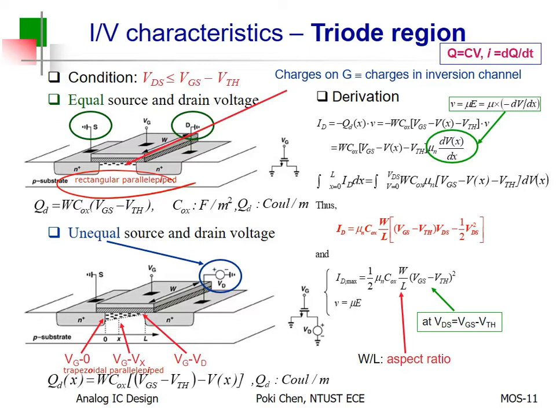However, if you increase the voltage here, then what? You can see the VG is constant. Assume it is constant. And how about the voltage from source to drain? Because right now, usually we have the source as the reference point.